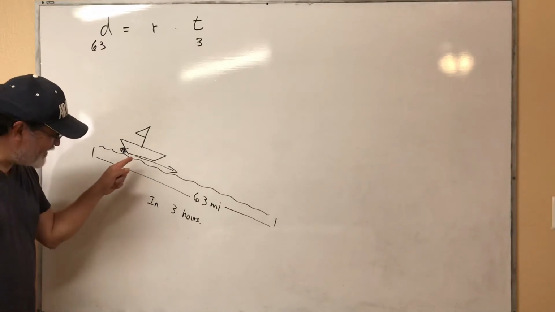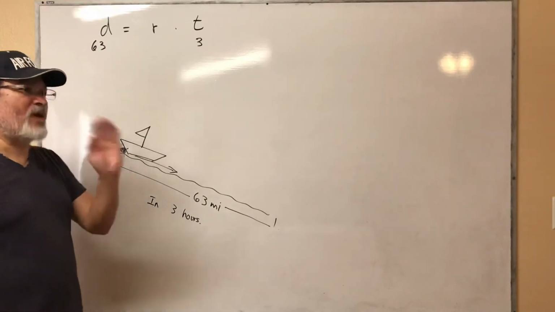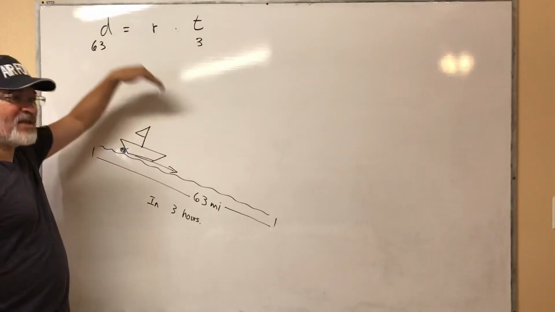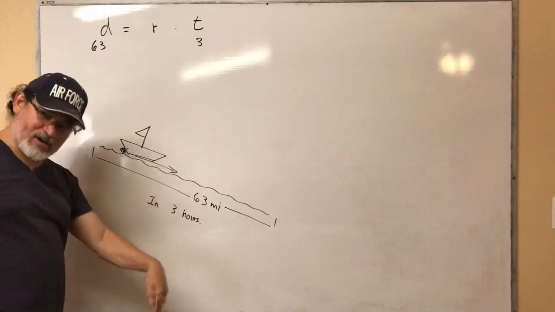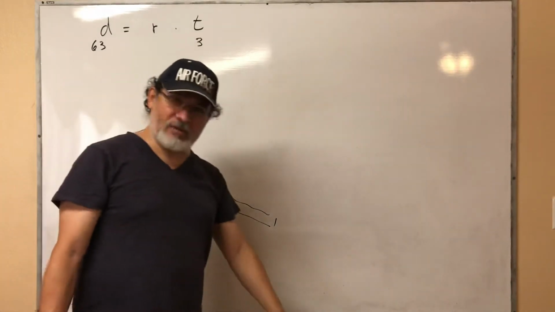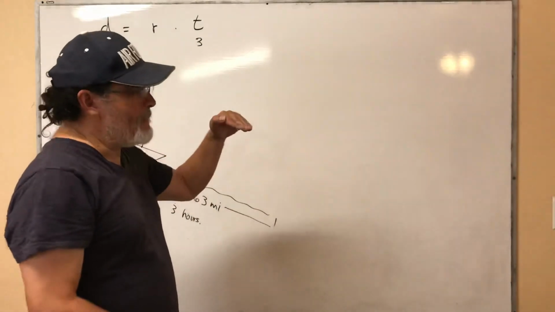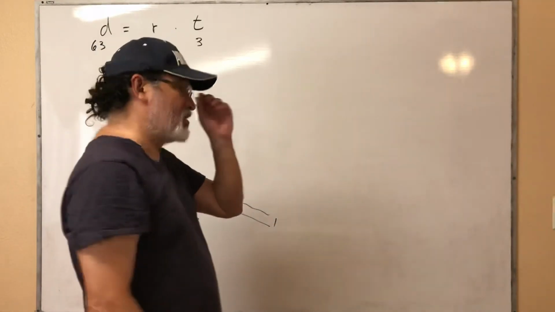Rate has to be the speed of the boat plus the speed of the current, right? Because the boat is going at this speed, but the current is making the boat go faster.